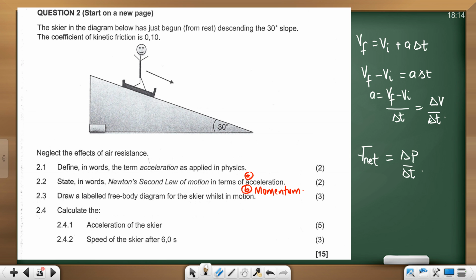All right. Okay, everybody draw a labeled free body diagram. Let's draw a labeled free body diagram.